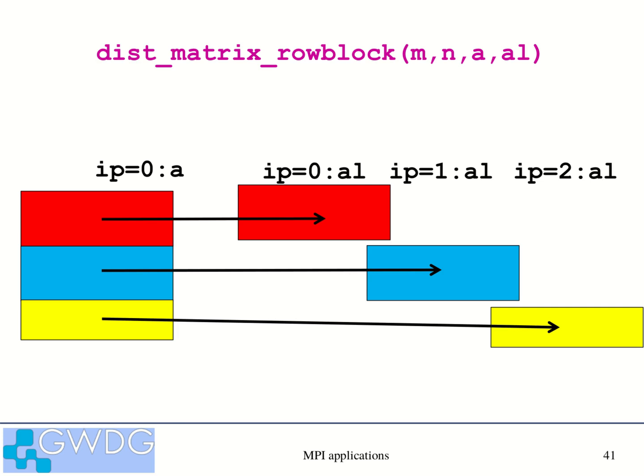If you want to copy to send this row block, you have to combine different parts which are not consecutively in memory in process 0. So the parts you want to distribute are not contiguous in memory on process 0. So you have to do something.